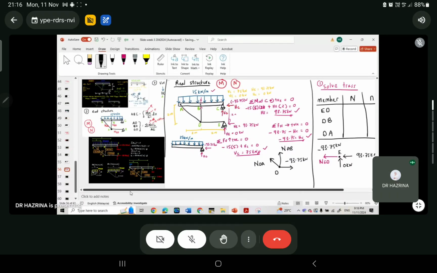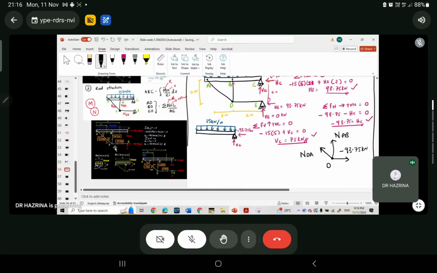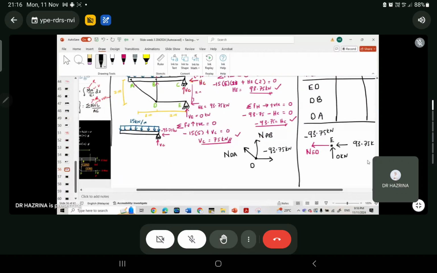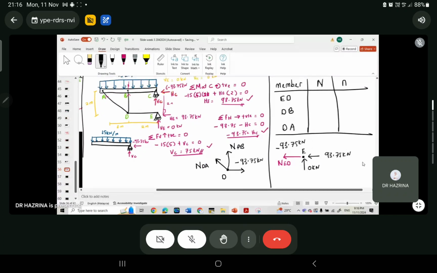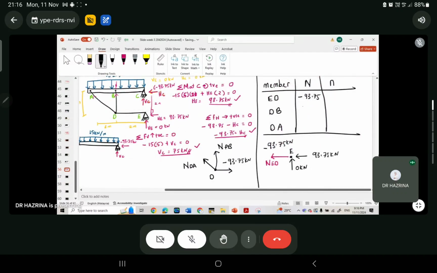So kalau I tengok jawapan dia, sekejap, let's say you have calculated those. Cuma I nak you buktikan je lah nanti berapa dapat. So let's say you dapat negative 93.75, 62.5. You calculate and then you akan dapat sini negative 93.75, and then for DB, you akan dapat around 62.5 kilonewton.